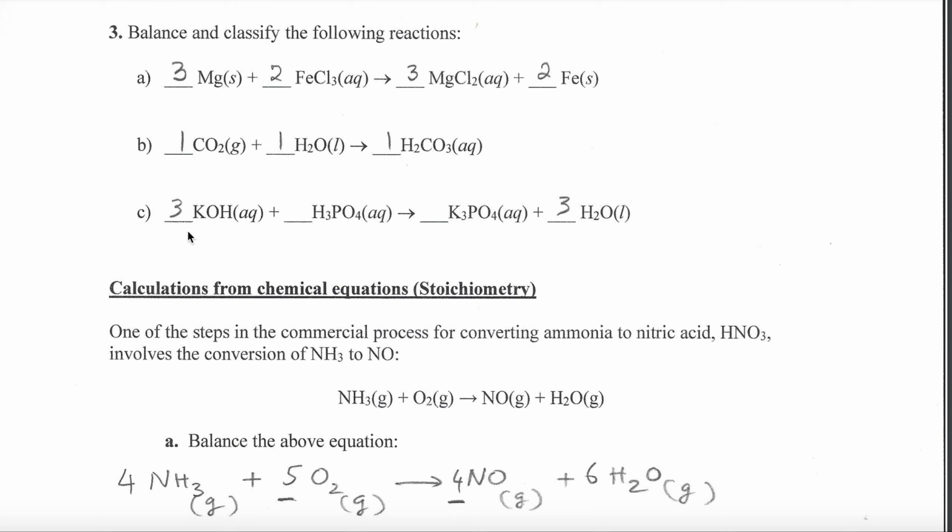When you have an acid, which is H3PO4, react with a base, and by the way, there's no number there, it means one, okay? Acid reacting with a base, we call this a neutralization reaction. So please take a note of that: single replacement, combination, neutralization reactions.